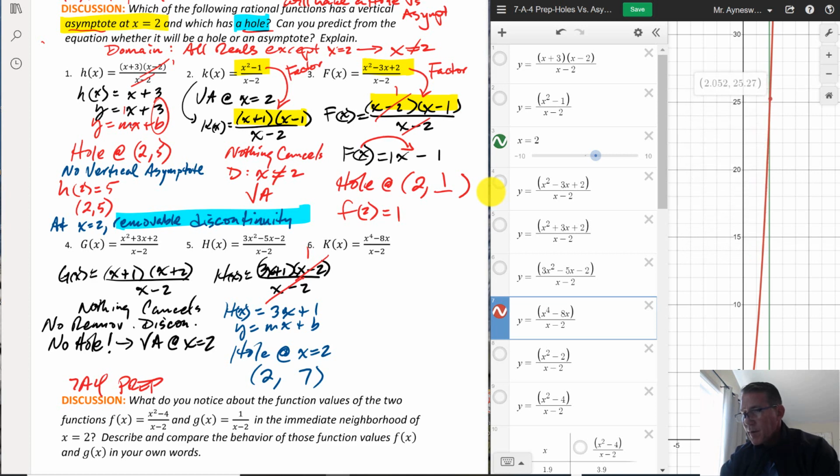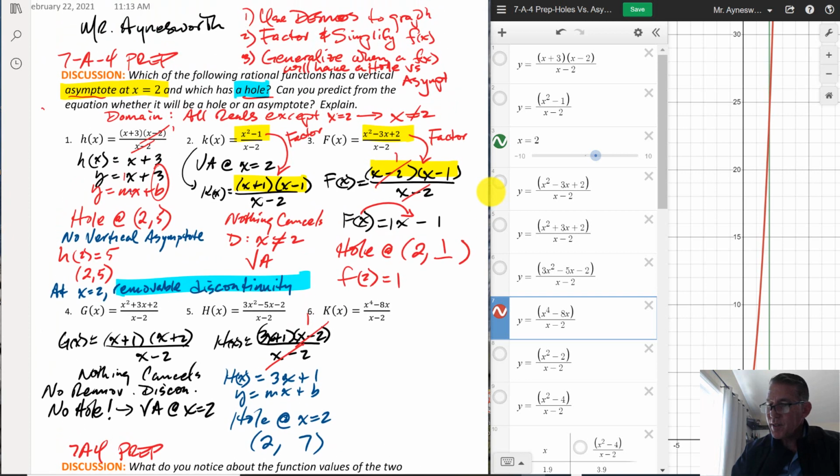Okay, so I misstated in the very beginning. So let's go to 2 here, and it should be undefined. Boom, right there. Okay, see that? So it's undefined at 2. There's no asymptote here. There's only a hole. Okay, so why? So let's factor. That's the key. That's why I said at the very top, you have to use Desmos to learn from it.